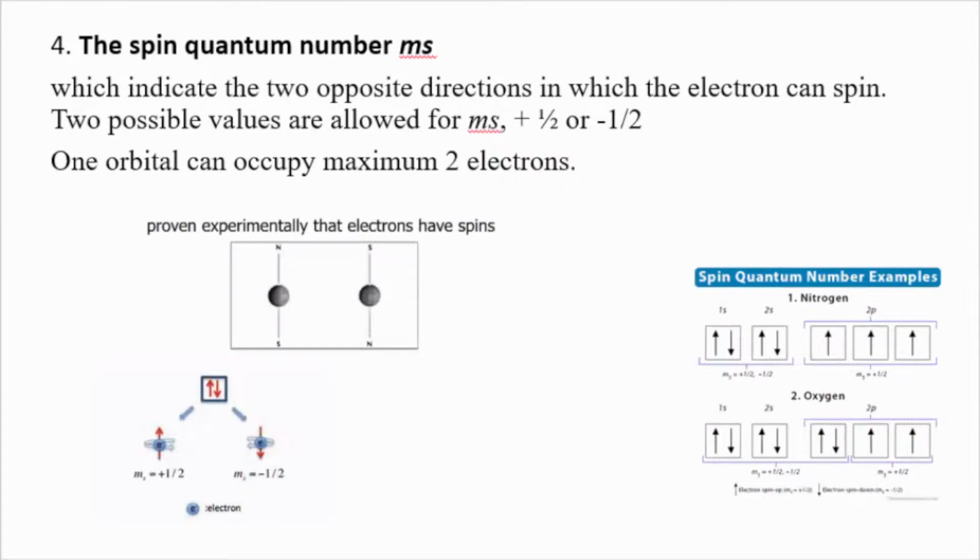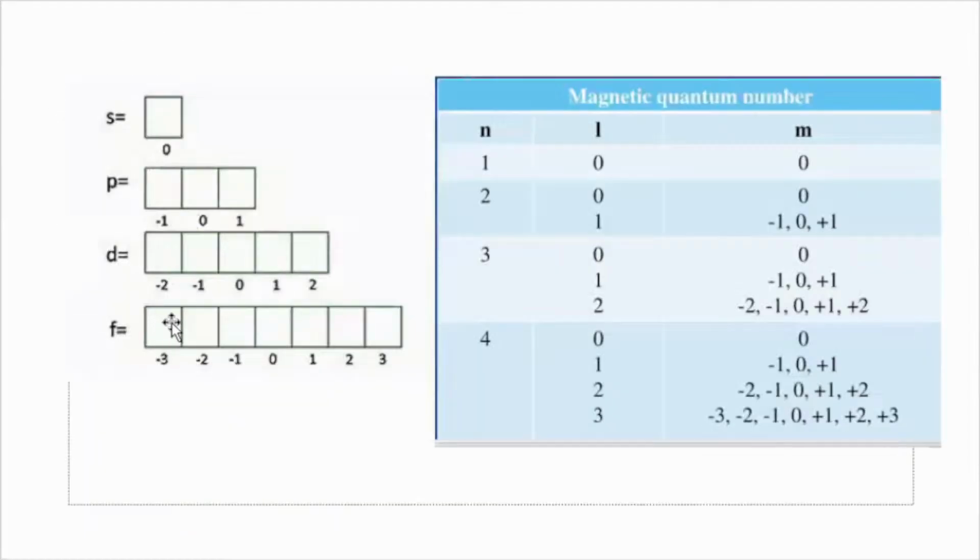This is the spin quantum number. The spin quantum number indicates the maximum number of electrons that can be occupied in an orbital.